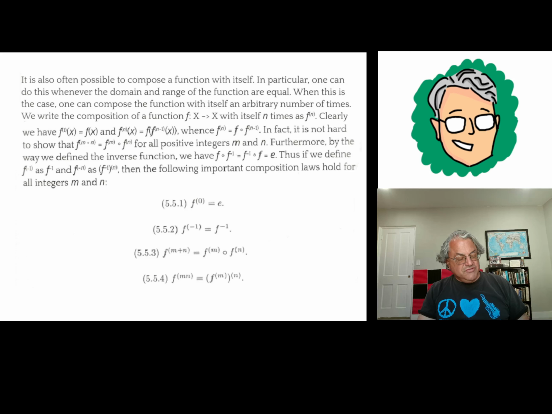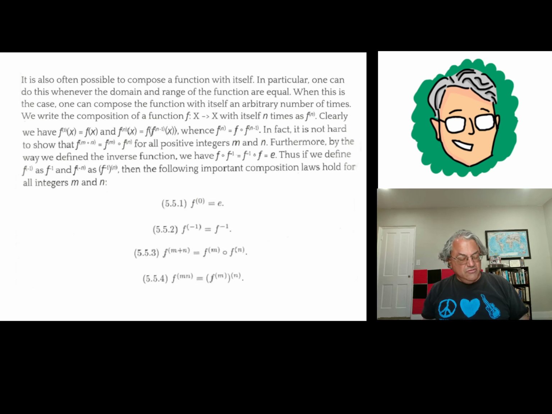Basically, these four equations, 5.5.1 through 5.5.4, on the bottom of the slide show you all the rules for composing functions with itself. And you can see they work just like exponents. The reason they do is, like I said, this is a type of group multiplication.